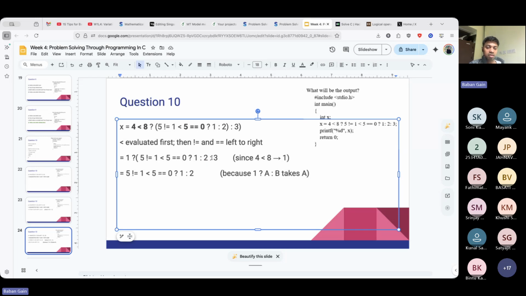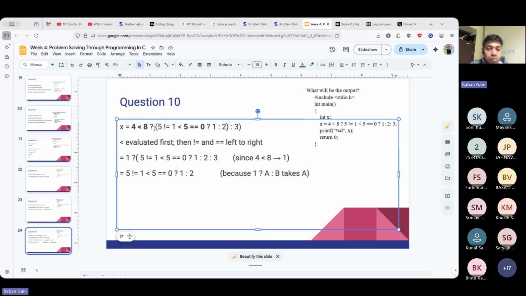So basically, in case of the first ternary operator, if it is true, then the value is everything up to this one, and if it is false, then the value is everything after this point. Similarly, for this ternary operator, if it is true, then the value is this one. If it is false, then the value is this one. So you can separate it this way.